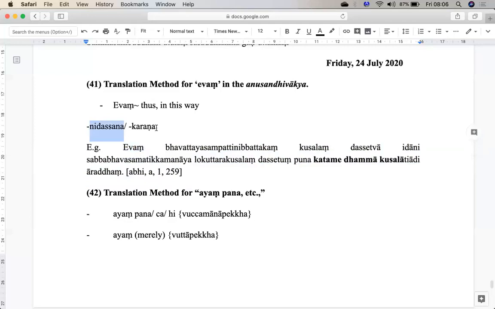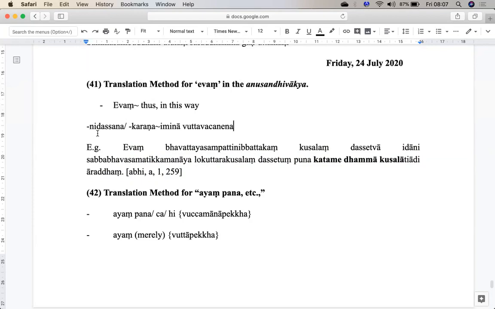So commonly in Burmese translation, even in the commentary, evaṃ is understood as iminā vuttavacanena, or in plural, imehi vuttavacanehi, and so on.